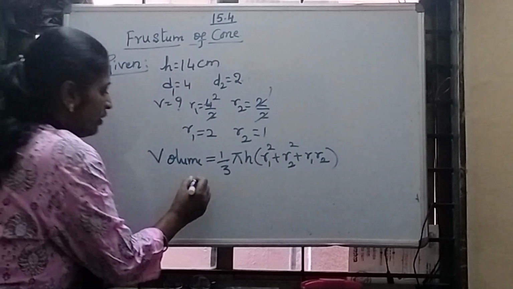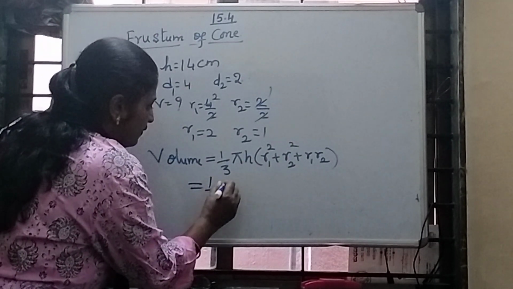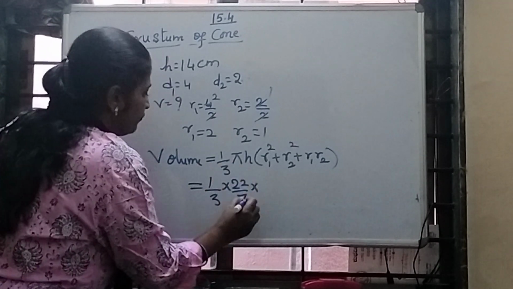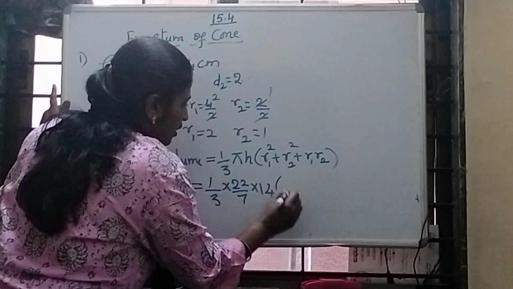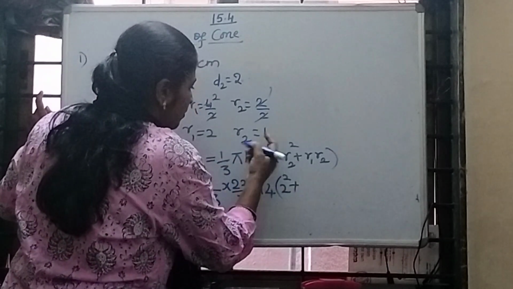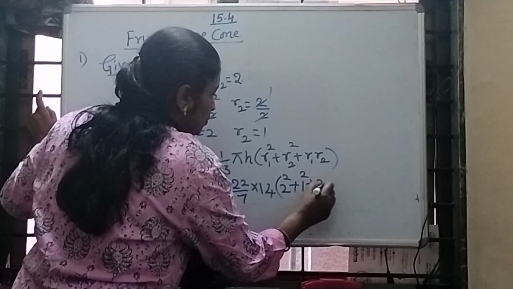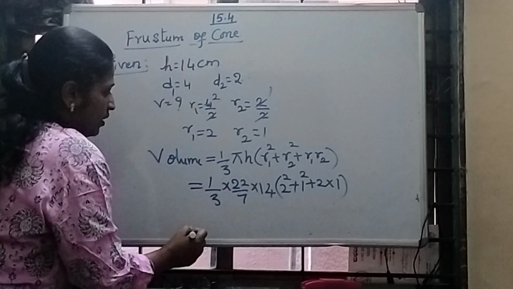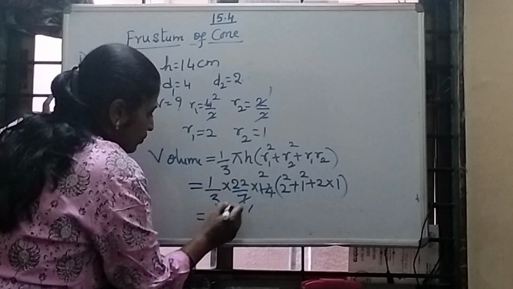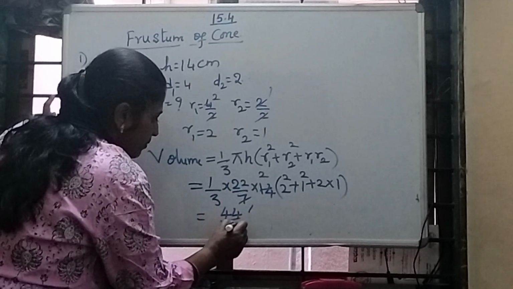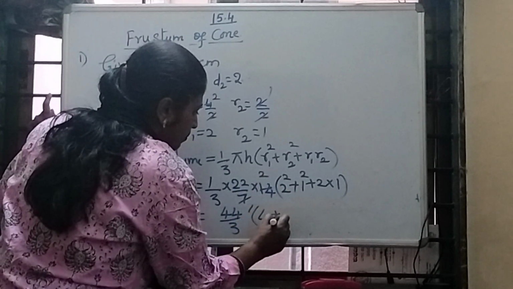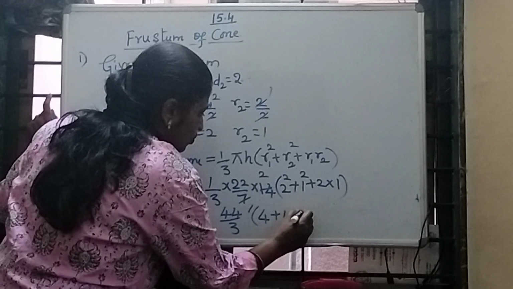Applying it: 22 by 7 times the height 14, times 2 square plus 1 square plus 2 into 1. Seven twos are 14, and 22 twos are 44, divided by 3, times the bracket: 2 square is 4, plus 1, plus 2.